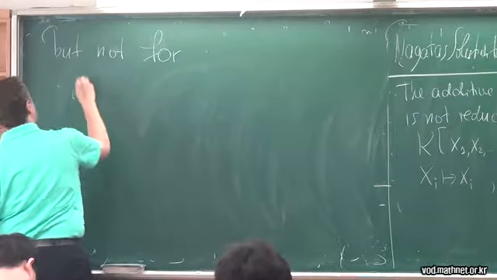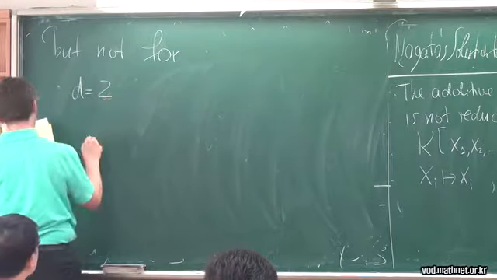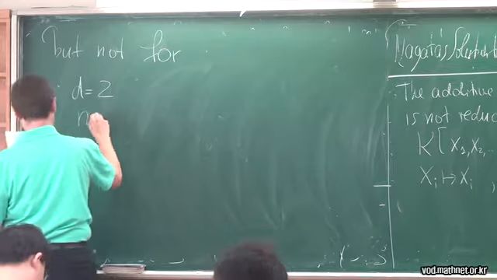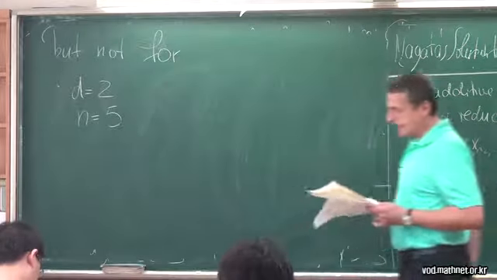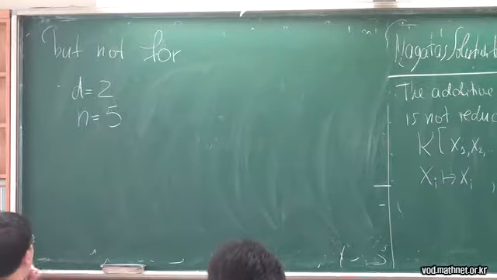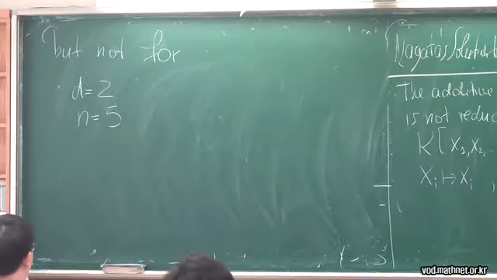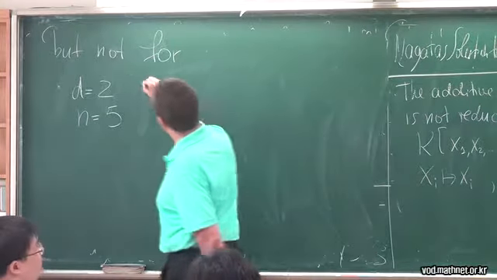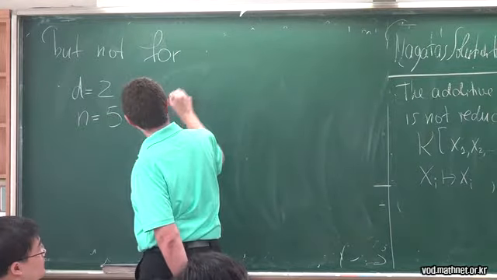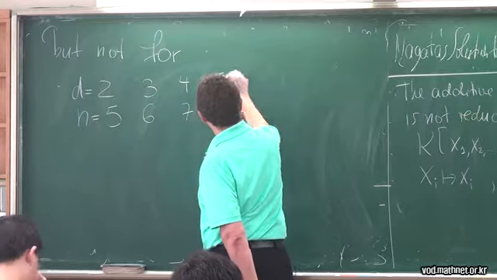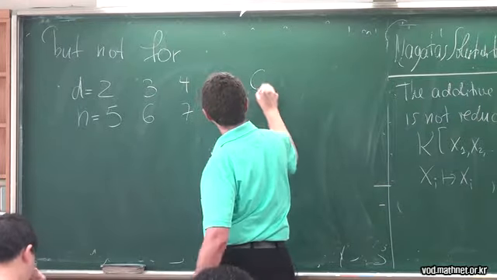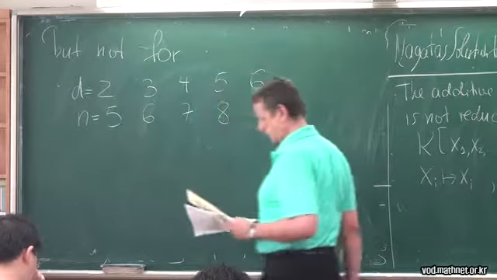Okay, so let's make a table. It's d equals 2, n equals 5. So the difference should be at least 3, and this is the first interesting case. Then we could look at 3, 6; 4, 7; 5, 8; 6, 9. Let's do that.